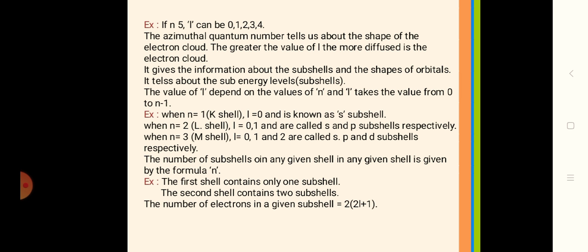The number of subshells in any given shell is given by the formula n square. Let's take one more example. The first shell contains only one subshell. The second shell contains two subshells.